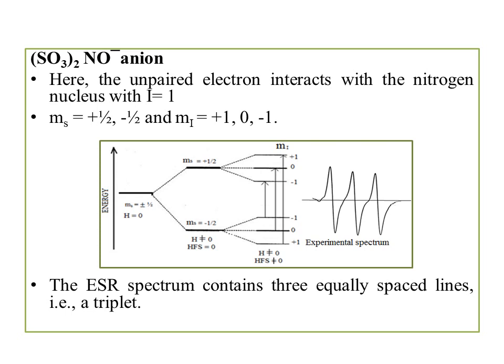For the SO3 NO minus anion, nitrogen is the only magnetically equivalent nucleus, for which I is equal to 1. Therefore, MI is equal to plus 1, minus 1 and 0.